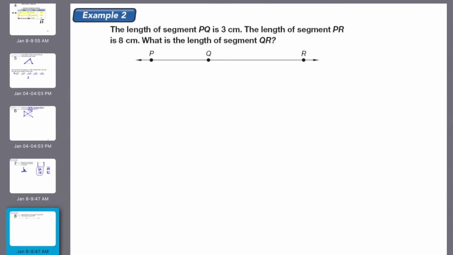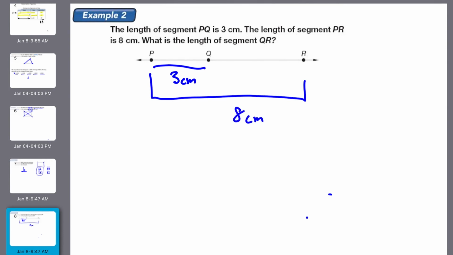The length of segment PQ is 3 centimeters. The length of segment PR is 8 centimeters. What is the length of QR? PQ here tells me it is 3. PR, which would be P to R, is 8 centimeters. Now it wants to know QR, so it wants to know how long this part in here is.